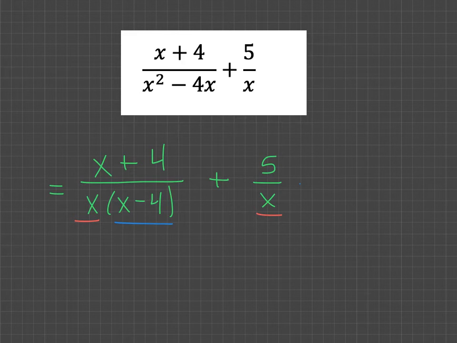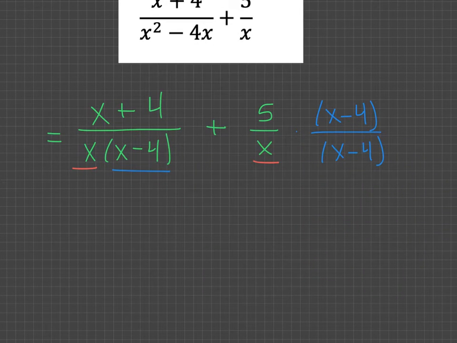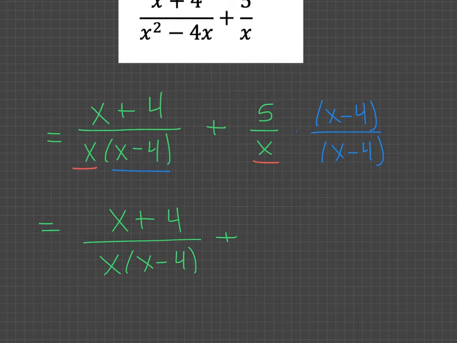So we need an x minus 4 over here, multiply x minus 4 times the top and the bottom, the numerator and the denominator. That's going to result in x plus 4 over x times x minus 4, nothing changed there. And here we want to distribute, and we're going to get 5x minus 20 over our now common denominator.